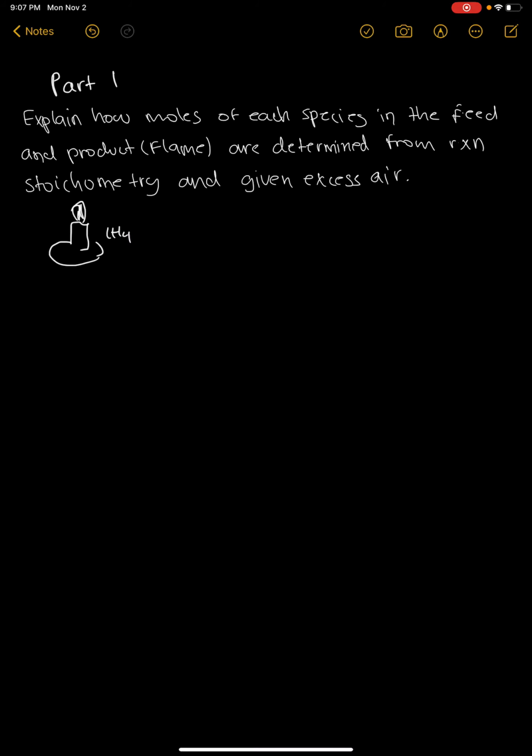Let me write the balanced equation out of what I just said. So we have CH4 plus O2 plus nitrogen, and nitrogen is 79 to 21 part, because these two are the air, and this would be our fuel.